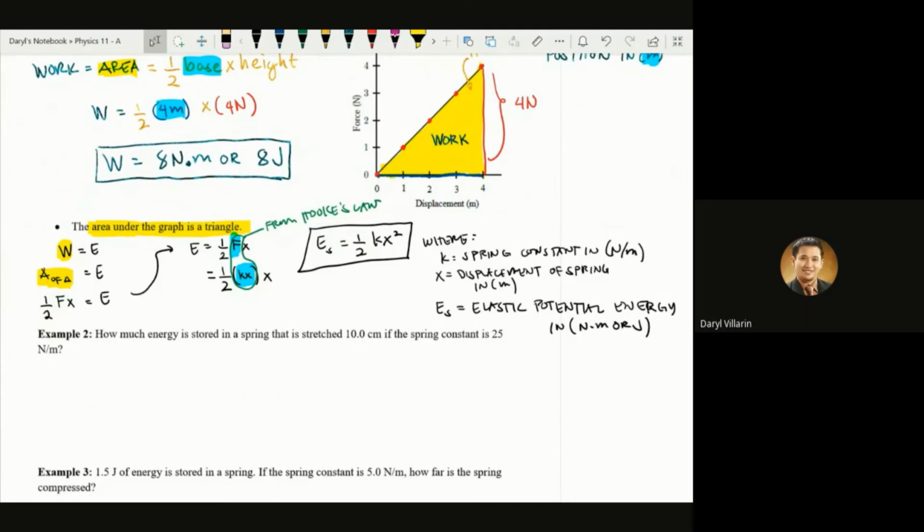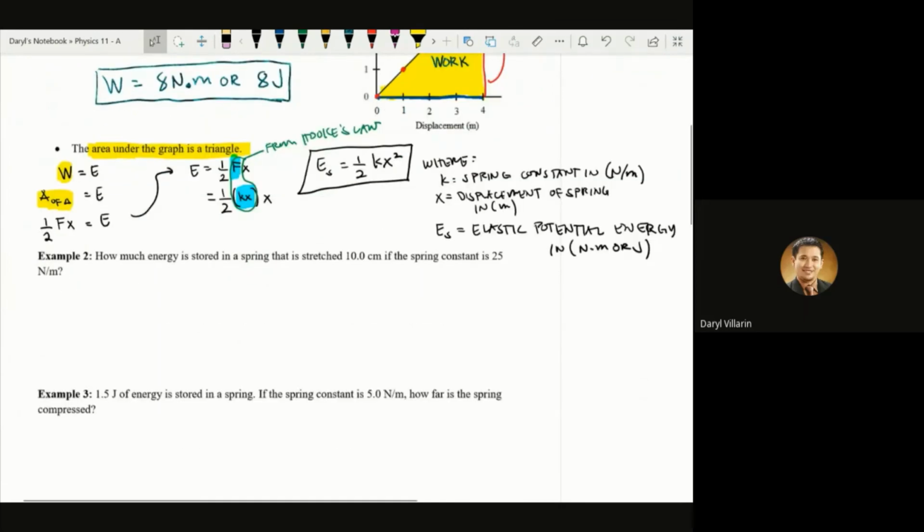Just like in example number 2. If you can see here, how much energy is stored in a spring that is stretched 10.0 centimeters if the spring constant is 25 Newton per meter? So you try to write your given and unknown.